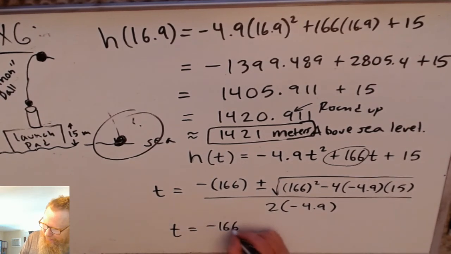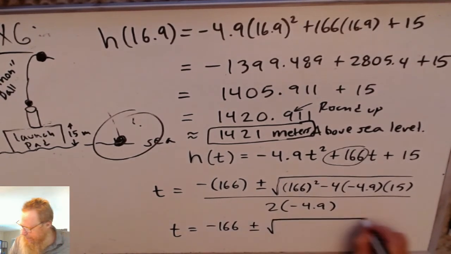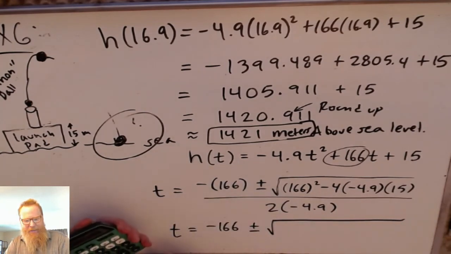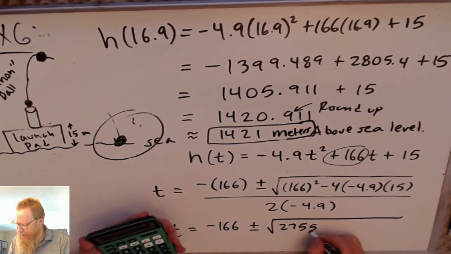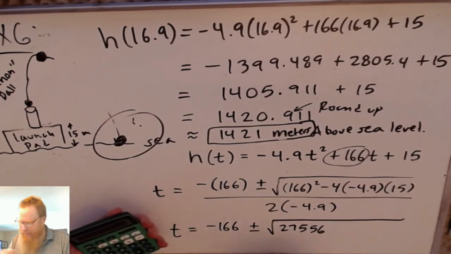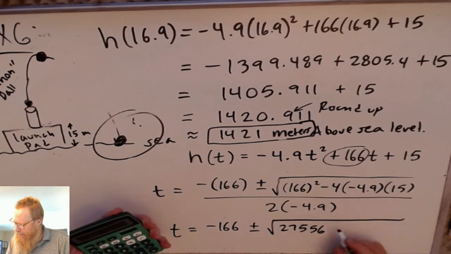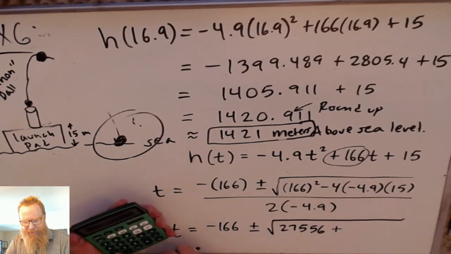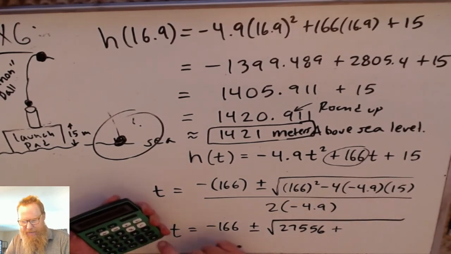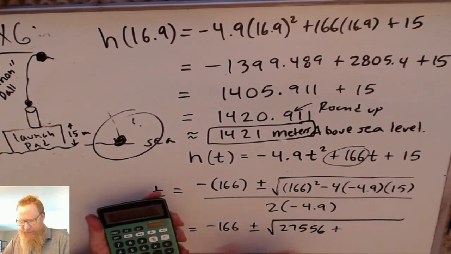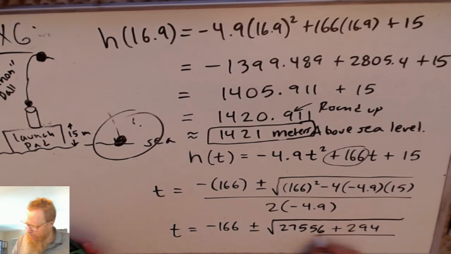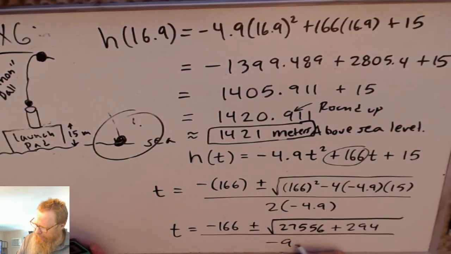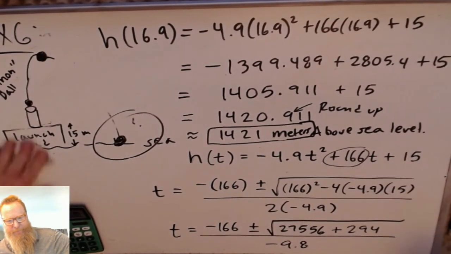So negative 166 plus or minus the square root of 166 squared. So that's 27,556. Negative is positive. Times 4.9 times 15, 294, all over negative 9.8.